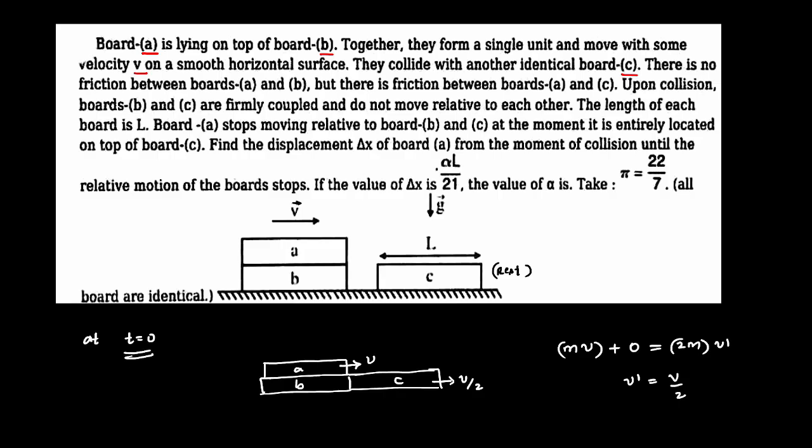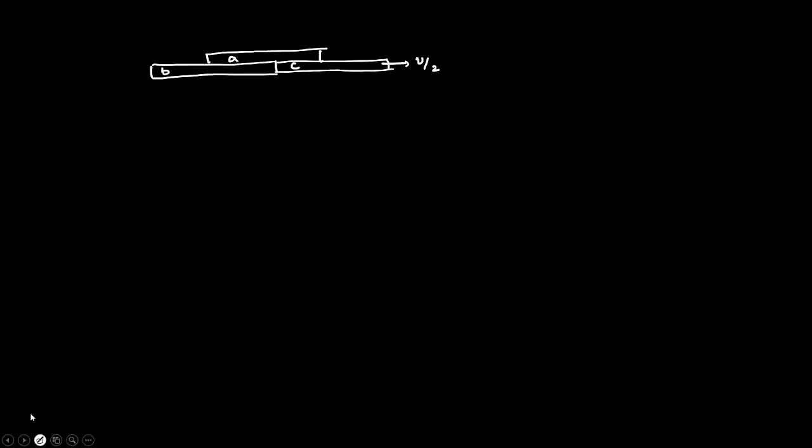Now after some time, what will happen? If you observe, B and C are moving with V by 2 speed, and let's say A is at some position with respect to C, so it has already covered some distance. Let us name this distance x. This x is a distance relative to the BC system.